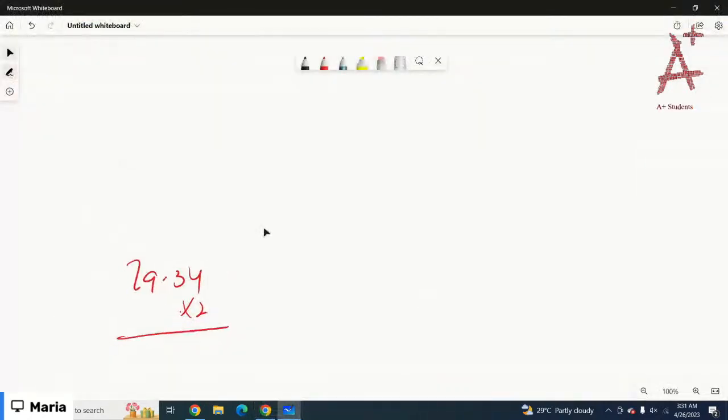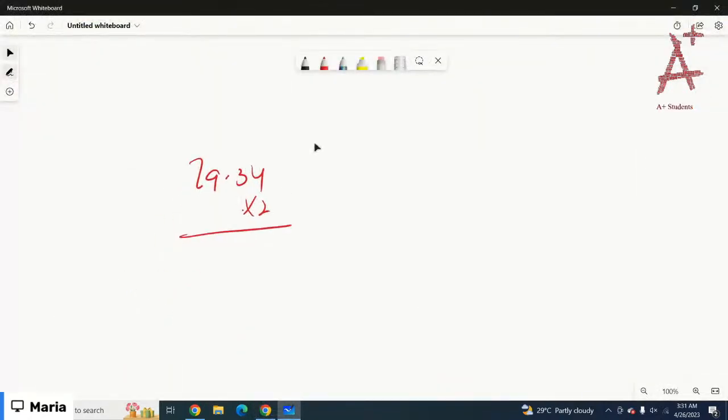Okay, 2 times 4 is 8. 2 times 3 is 6. 2 times 9 is 18. 8, 1 carry. 2 times 7 is 14 and 1 is 15. So it would be 158.68.